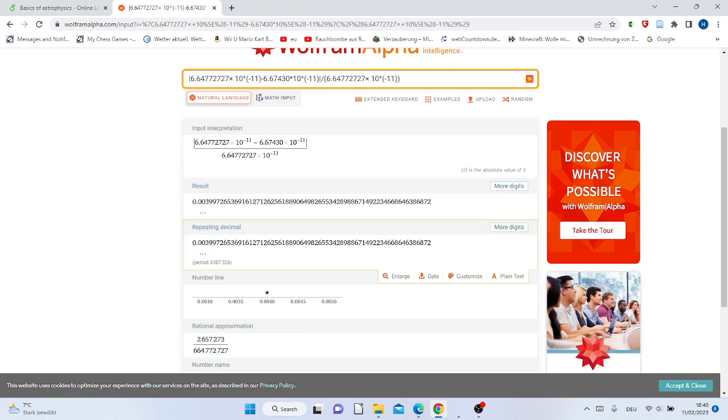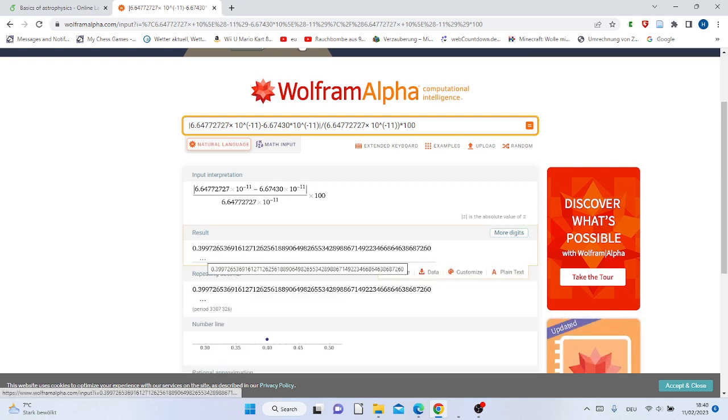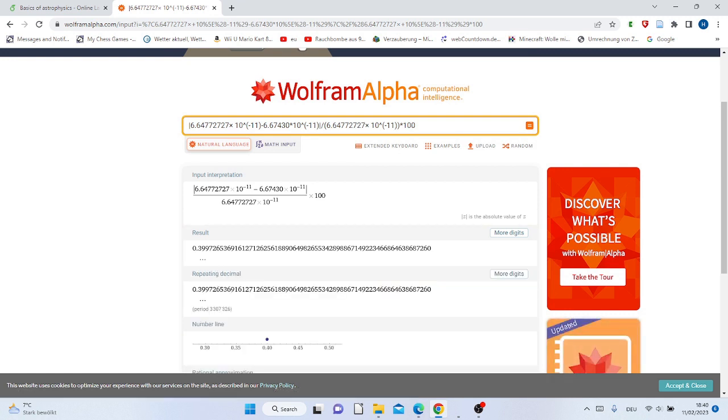The deviation is 0.0039, which in percent is roughly 0.4%. So I basically confirmed my results for the gravitational constant.